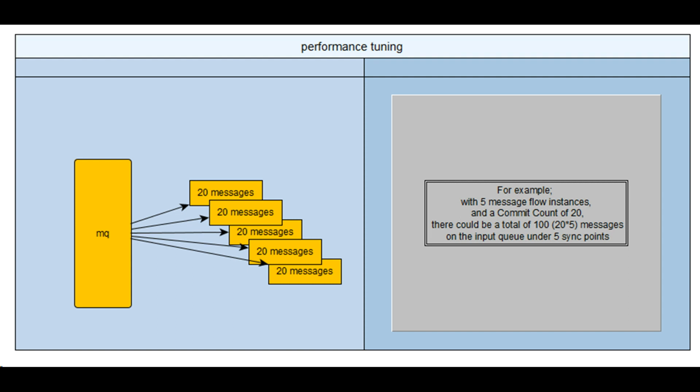For example, with 5 MQ message flow instances and commit count of 20, there could be a total of 100, that is 20 cross 5 messages on the input queue under 5 sync points. Therefore, increasing the number of message flow instances and raising the value of commit count will increase queuing performance.